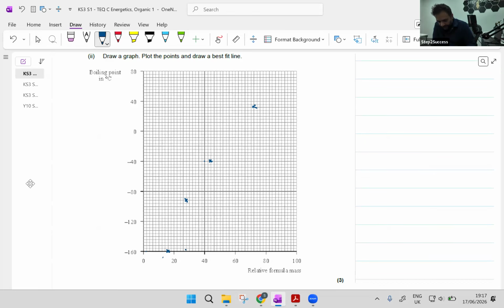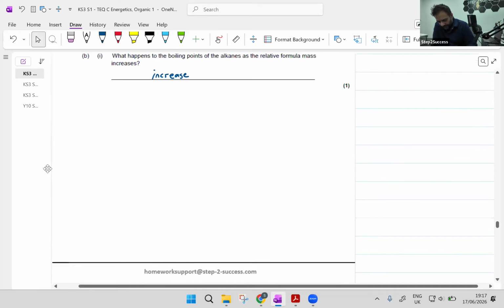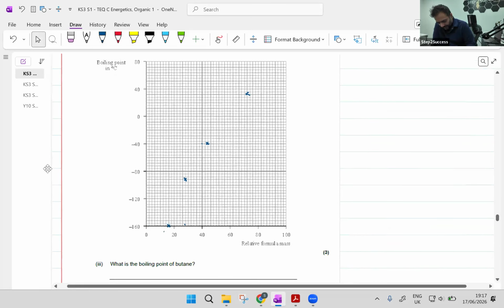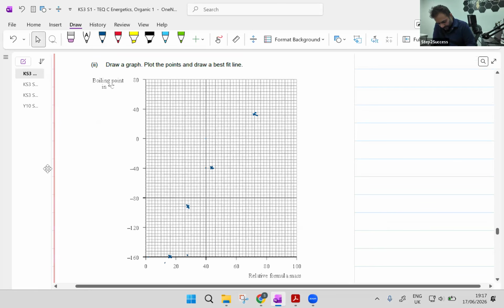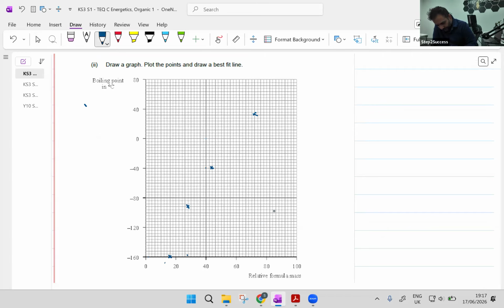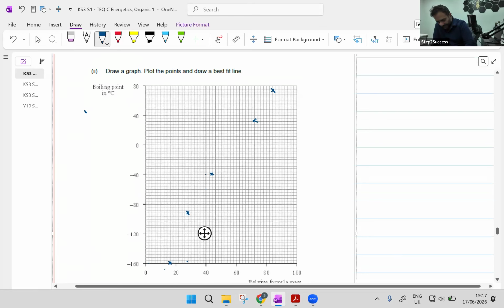It's about there. And then 86 and 68. It'll be about there somewhere. And then it says draw a line of best fit, so you'll just draw a line that goes like that through there.